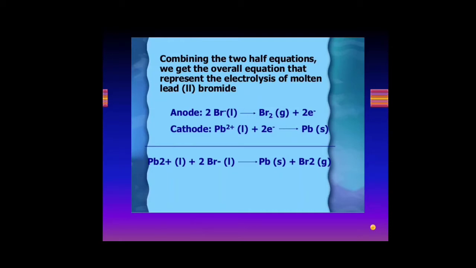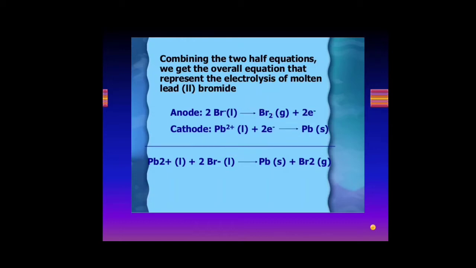At cathode, lead ions accept electrons and form lead metal. So this is how lead metal gets deposited. Metal gets deposited at the cathode. So in any electrolysis reaction, we always see that metals get deposited at cathode.